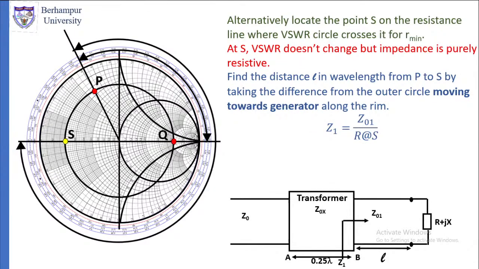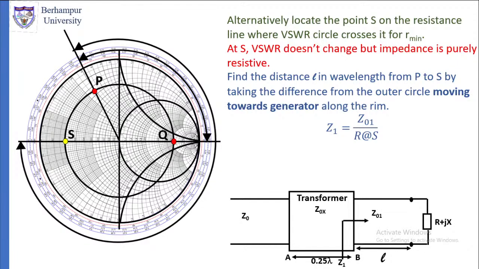Alternatively, from P, instead of moving up to Q, continue moving along the VSWR circle till you reach the point S. Look at the figure. From P we moved to Q earlier.